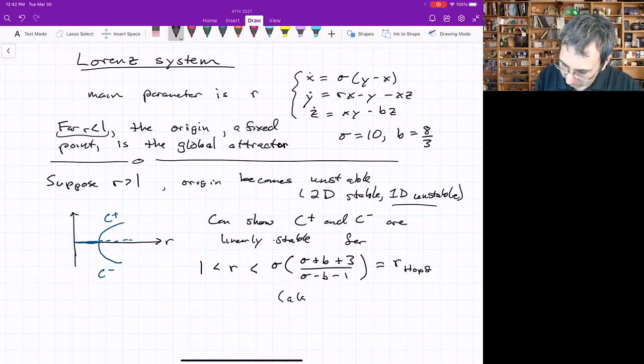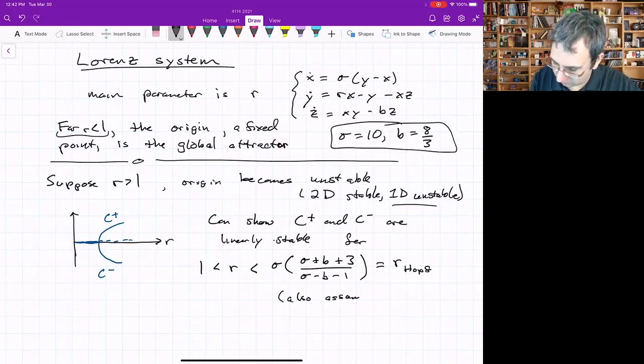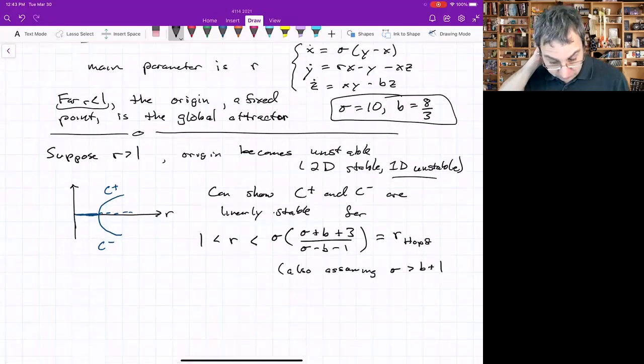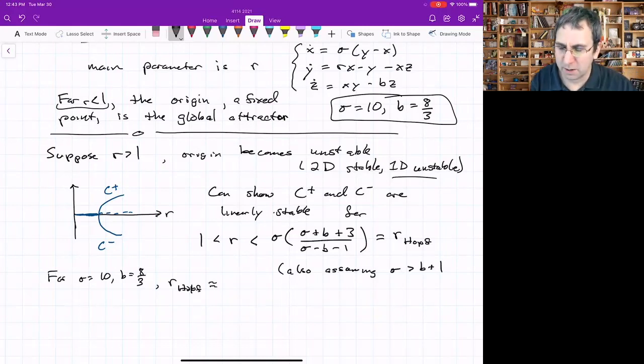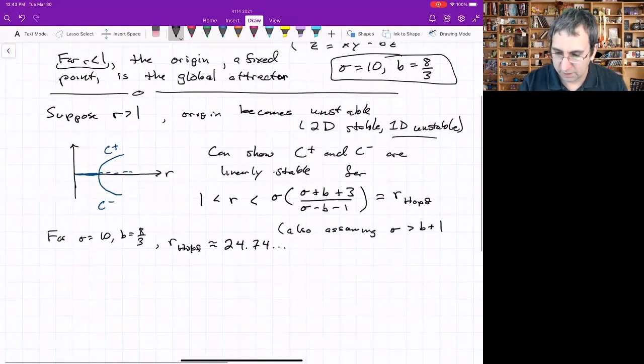We're also assuming here, consistent with the parameters that Lorenz used, that sigma is greater than b plus 1. If you put in the typical values, sigma 10, b 8/3, you could figure out what this Hopf bifurcation value is. It ends up being about 24.74. So when r is greater than r Hopf, you might think, well, maybe there's a stable limit cycle, but there isn't.